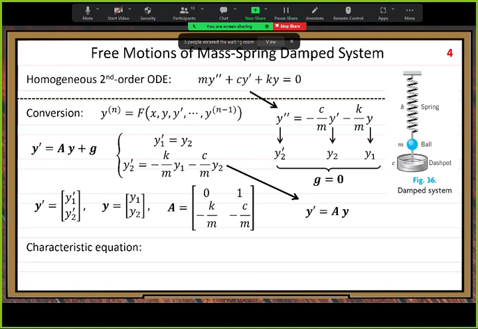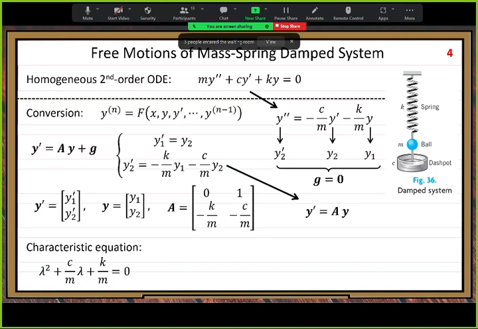Next, we want to see the characteristic equation. From our old second order representation, we can write its characteristic equation immediately.